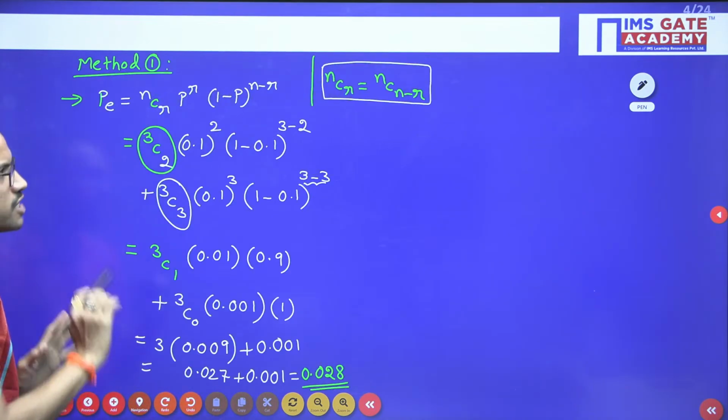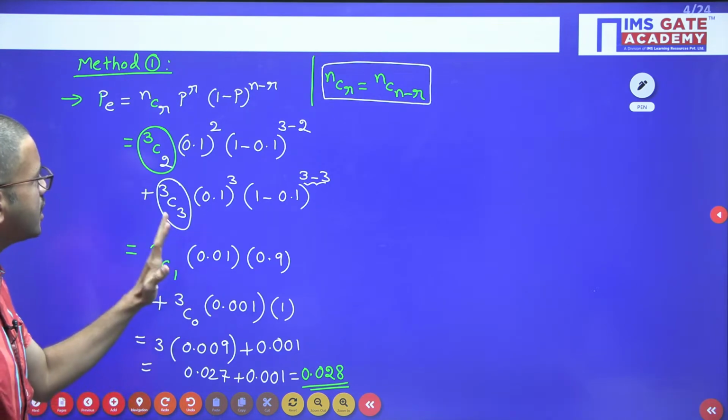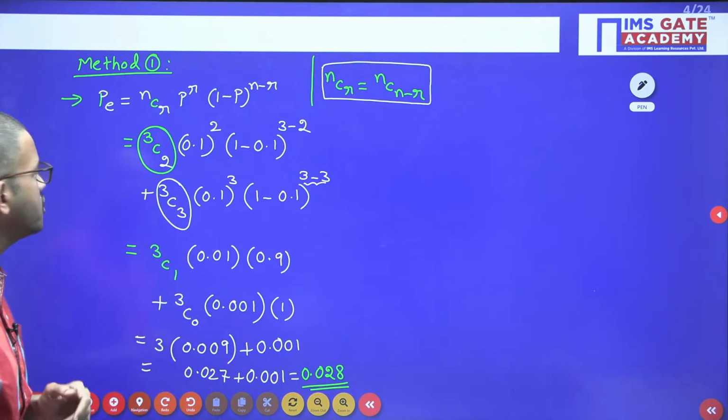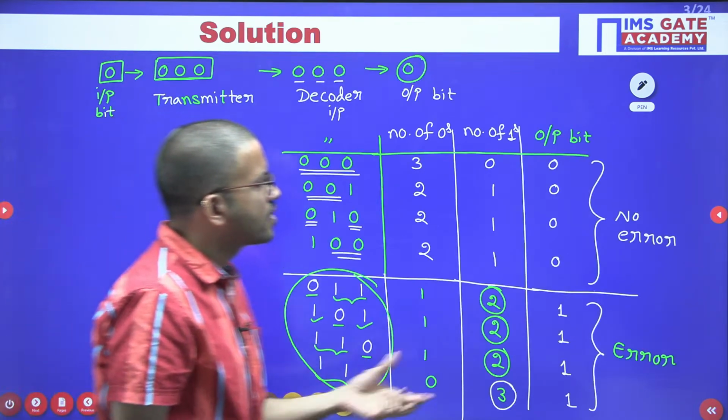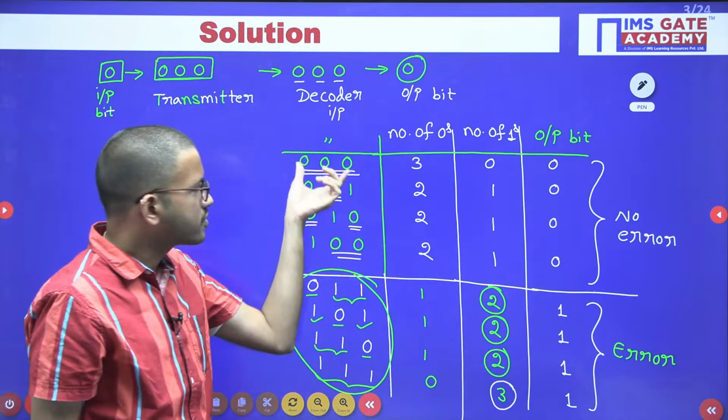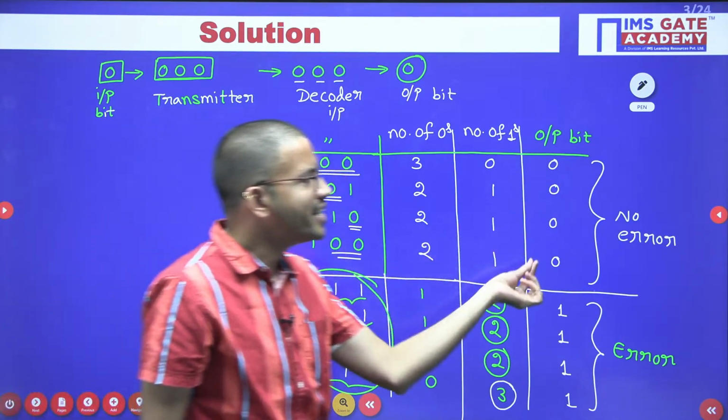So this is the first method. Now we can solve the same question by using another method. Here if you observe, for these 4 combinations, we are not getting any error.